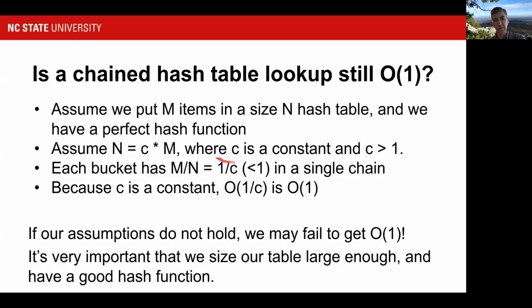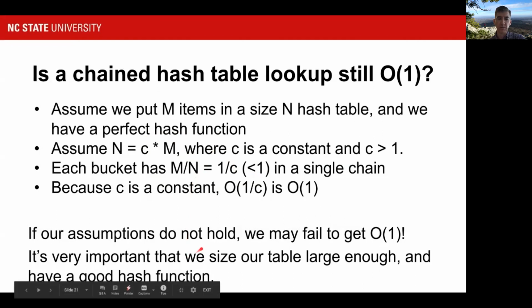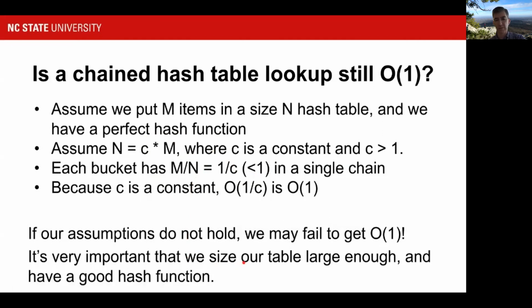Now, of course, there's no such thing as a perfect hash function that always spreads objects evenly. So it may be the case that occasionally we put two things into the same bucket. It's very important that we size our table large enough and have a good enough hash function so that the odds of having multiple things in a chain are low. But the other thing we can do is that if we get too many things in one chain, we can resize the table to re-spread out the items across the table.